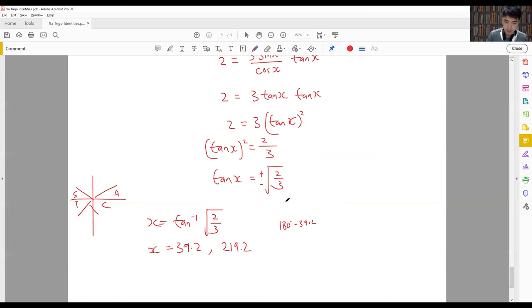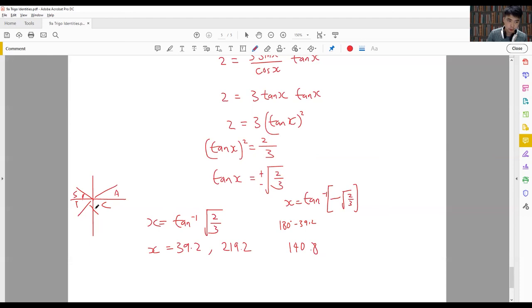This is when tangent x equals negative square root of 2 over 3. So that's why we will have to find for this quadrant here, 180 minus 39.2, which is going to equal 140.8.